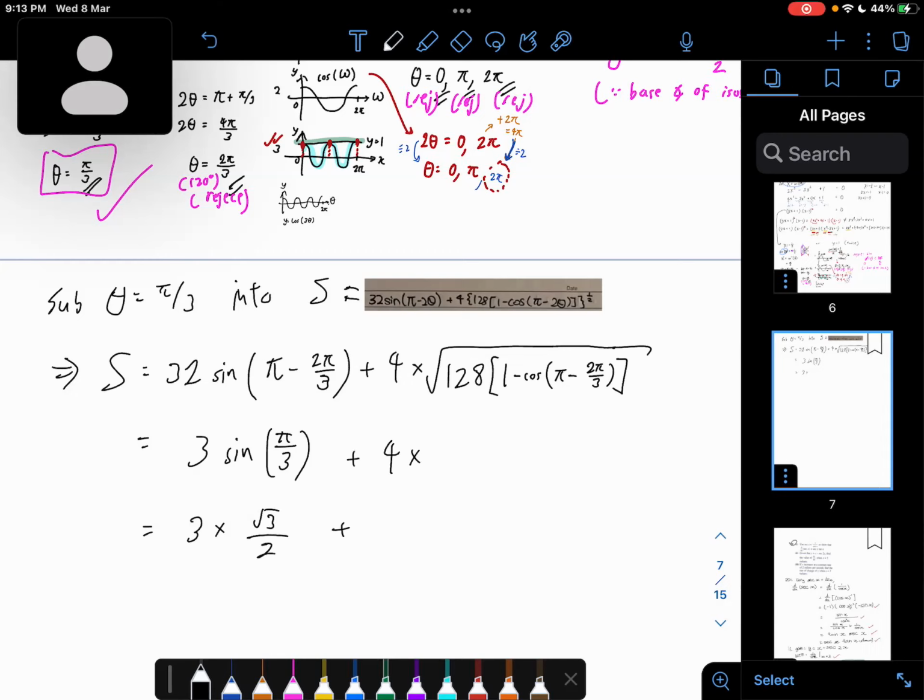Next one: plus 4 times the square root of this. Let's see. 1 minus 2/3 is 1/3, so it's cosine pi over 3. What's cosine pi over 3?